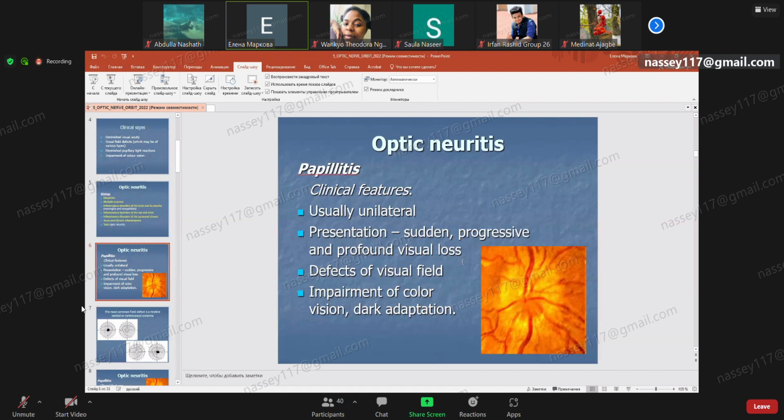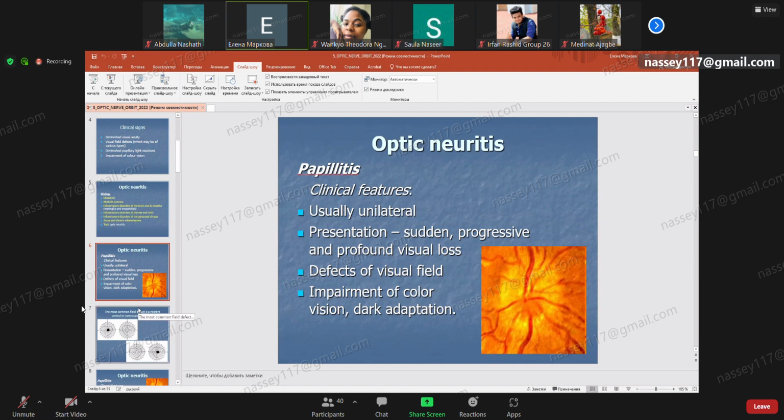Then there may be defects of visual field, impairment of color vision, and dark adaptation may also be lowered. The most common field defect is a relative central or centrocecal scotoma. Visual acuity is usually reduced markedly.